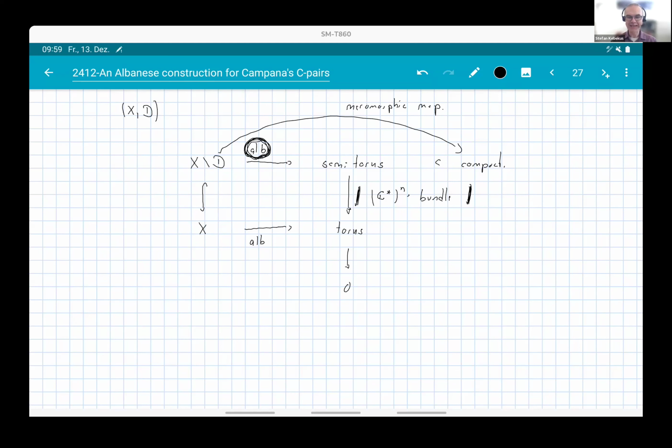So the Albanese in the analytic setting is not just a semi-torus, it's a semi-torus together with a bimeromorphic equivalence class of a compactification. This adds a layer of complexity that you haven't seen in algebraic geometry, and I wanted to avoid discussing that.